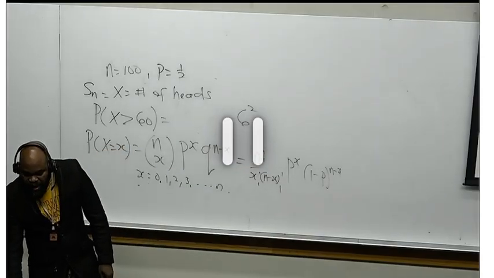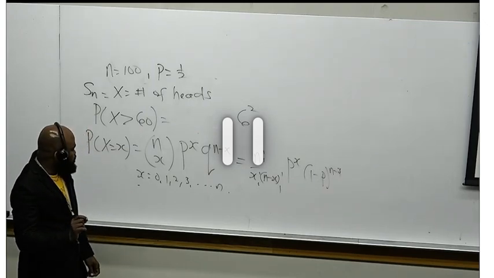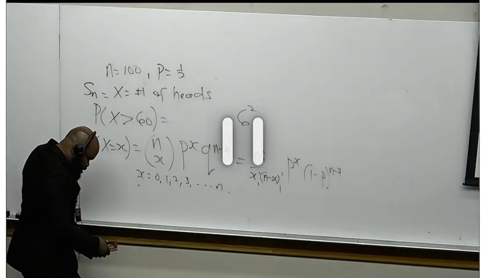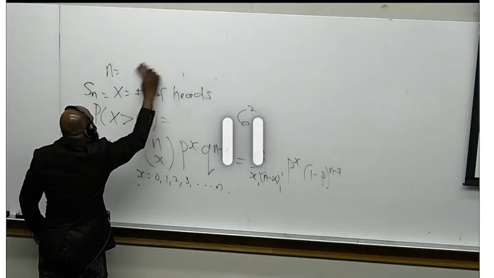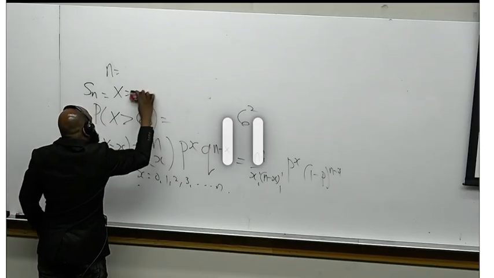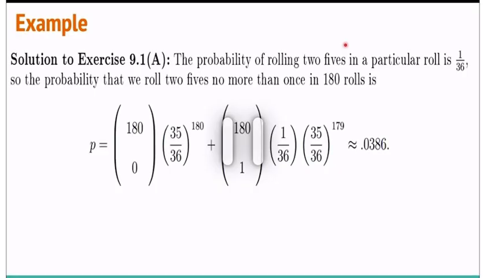Now, if I want to use the binomial formula, which is this one, I need you to pay attention. If you don't understand, ask me a question. Like I said, I actually want to use binomial.